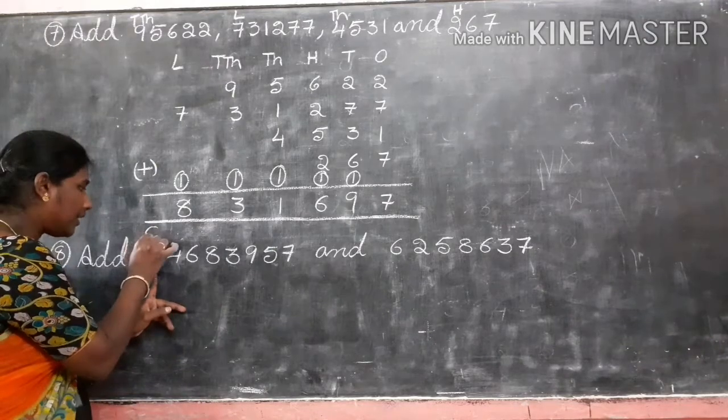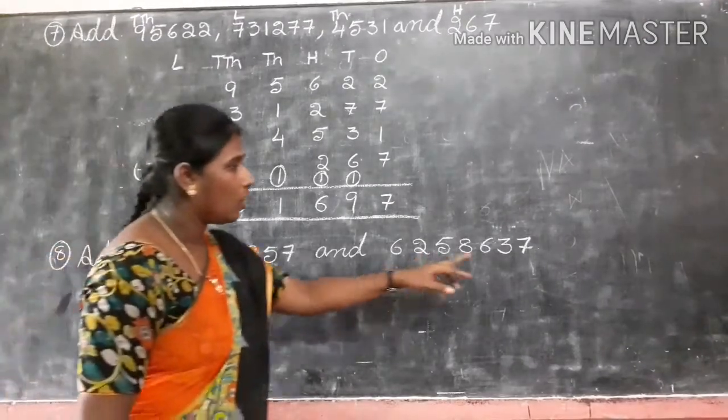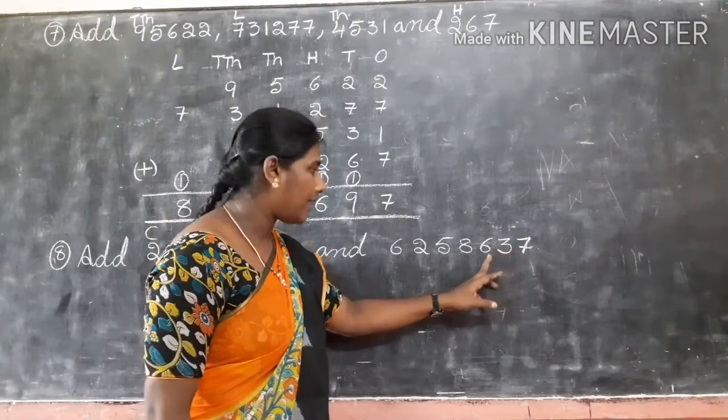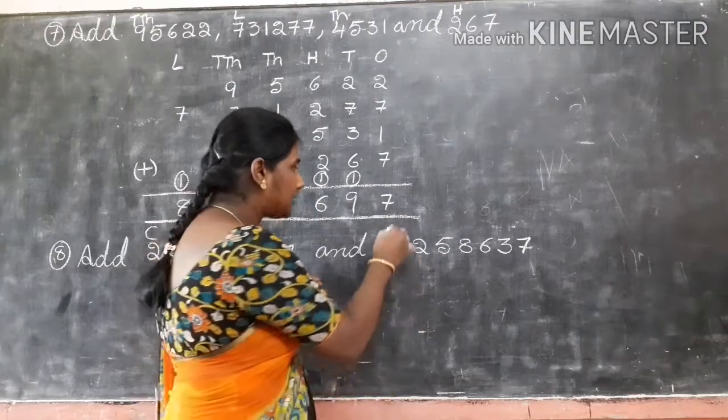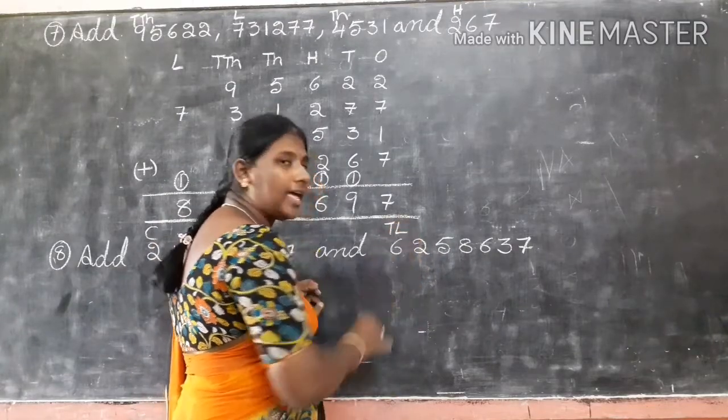The first number starts from the crores place. The next starts from the 10 lakhs place.